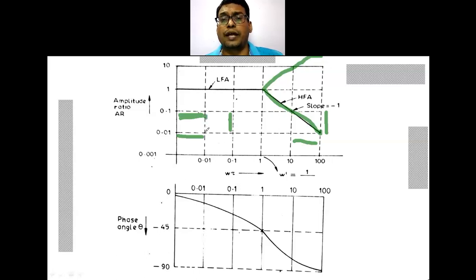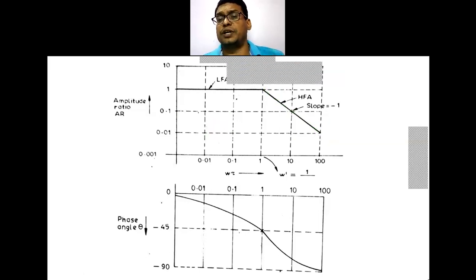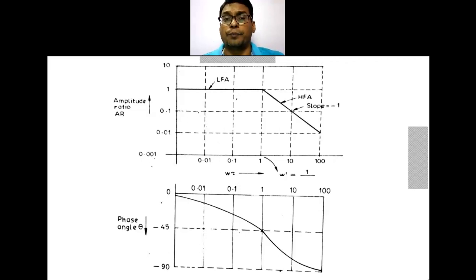So you can consider this as the gradient, and that is why x is the same as y. That is why the slope is minus 1 for this line. Understanding these lines of low frequency asymptote and high frequency asymptote is very important in plotting this Bode plot.